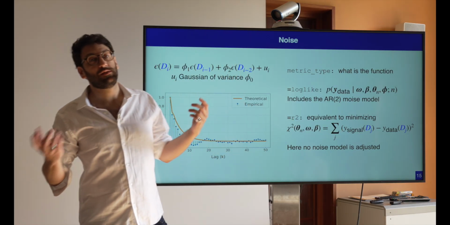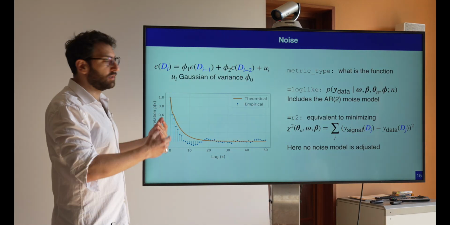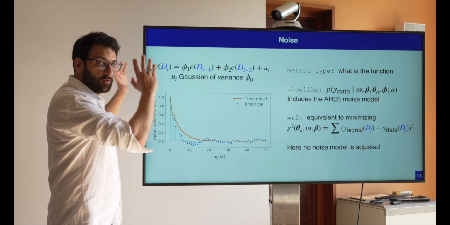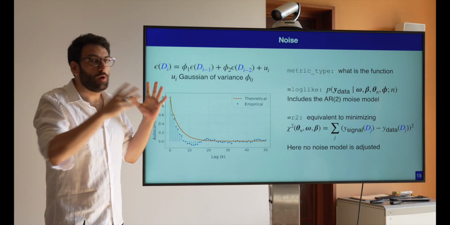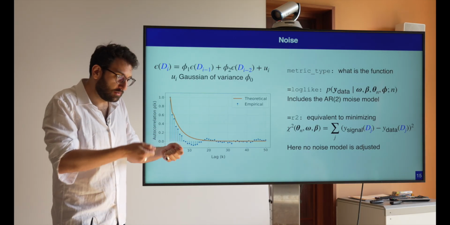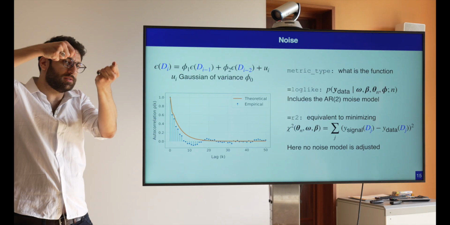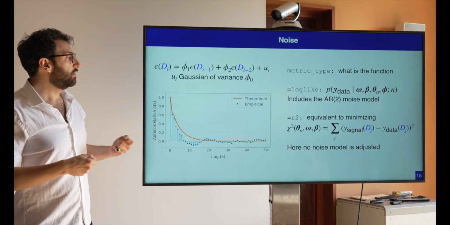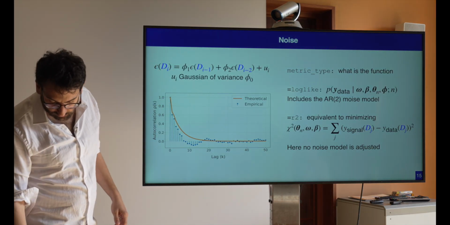At least in the context of exoplanets, which is my specialty, I've seen that with the best intentions, you put in a correlated noise model, and it scoops up planets which are obviously there. Because the noise model is not perfect, it starts absorbing signal at low frequencies, and in particular, it starts absorbing the planet. So, in doubt, you can also try with an R2 metric and see what it tells you.